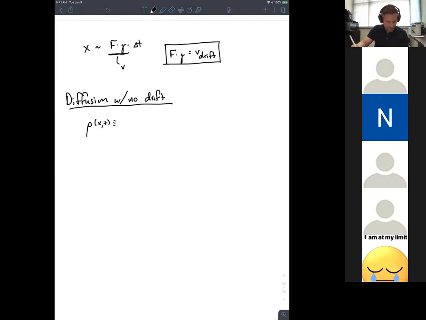So it's the number of particles in a given volume. And we're going to look at it first in one dimension, because one dimension is easy to think about. That's why here I've divided by delta x, because in one dimension, delta x is my volume.